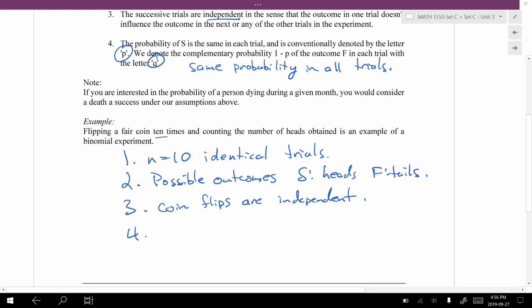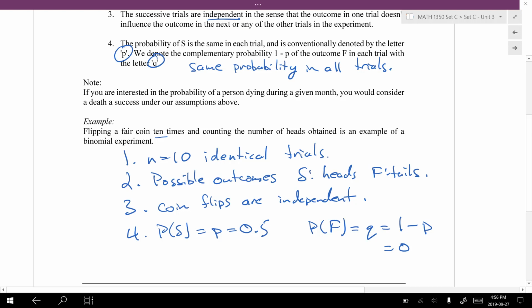And fourth, the probabilities are the same in each trial. So the probability of success, often denoted by little p, is a half. We're flipping a fair coin. And the probability of failure, often denoted by little q, can be computed using 1 minus p. The two should add to 1.